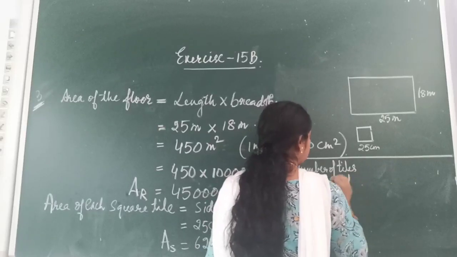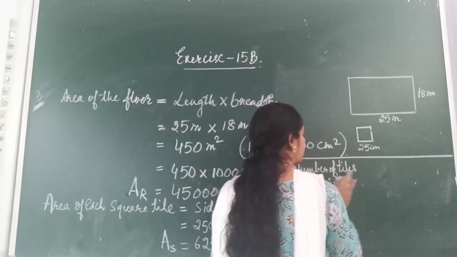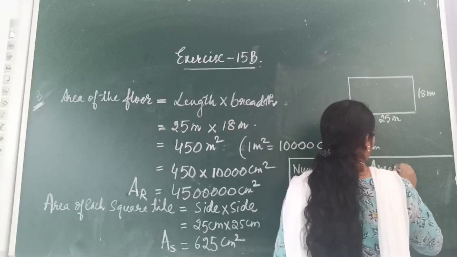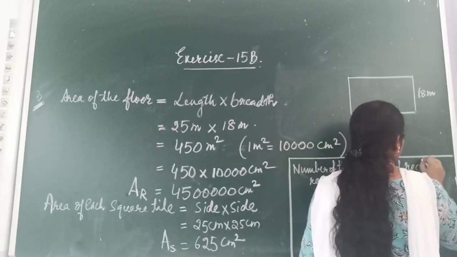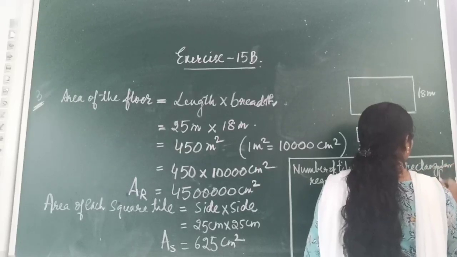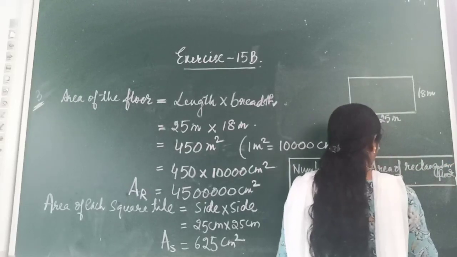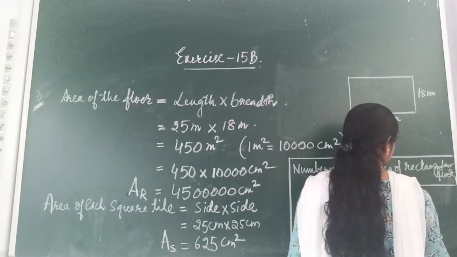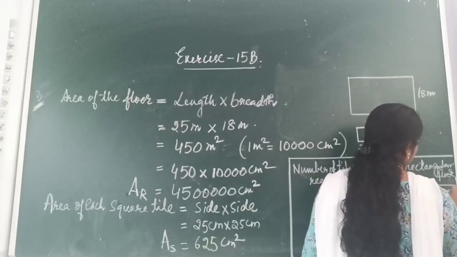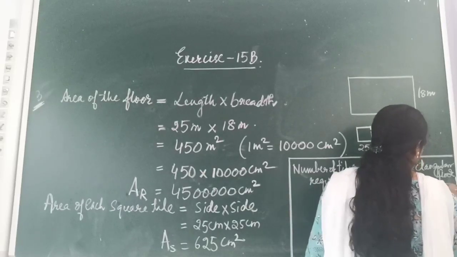Number of tiles required is equal to area of rectangular floor divided by area of each square tile.